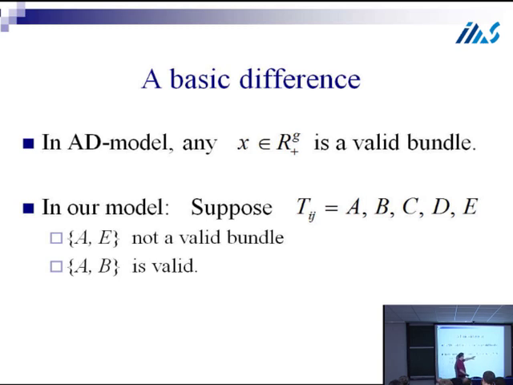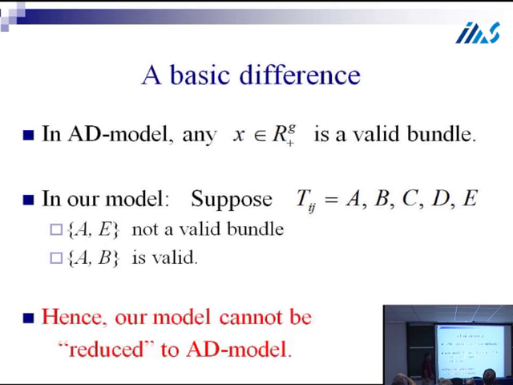Suppose this buyer i has a total order A, B, C, D, E. Then for her, AE is not a valid bundle, but AB is, because if she wants two songs, she wants these two songs and not these other two. And this immediately says that there's no reduction from our model to the ROW model, because you cannot simply use the ROW model.